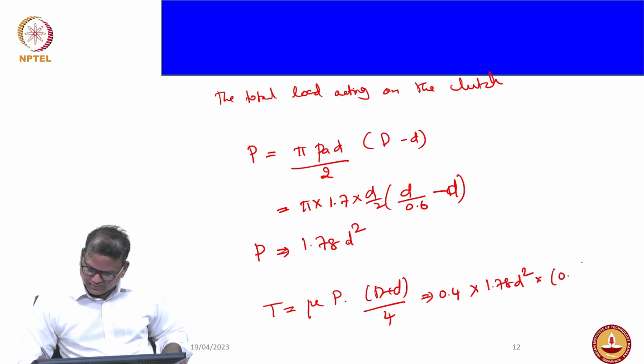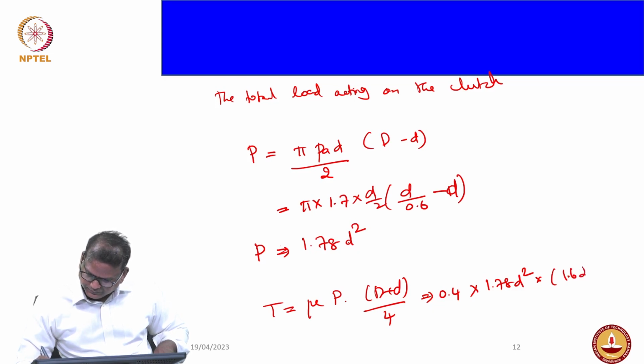Into this, again, you can have everything in terms of d, you can bring it up. This is 1.6, right? This is 1.6, straight away I am bringing by 4, right?